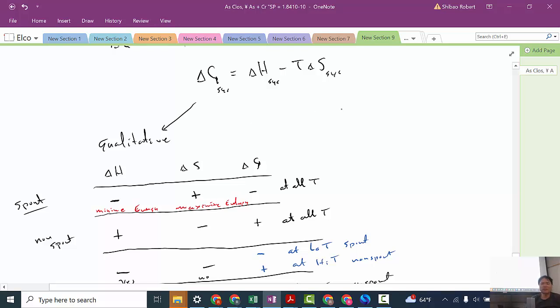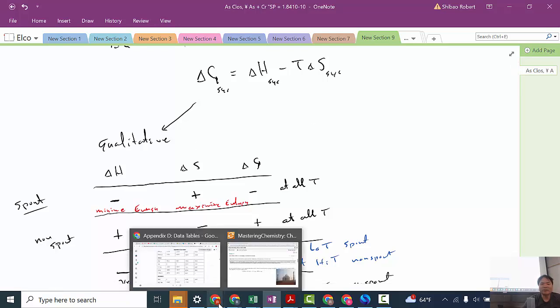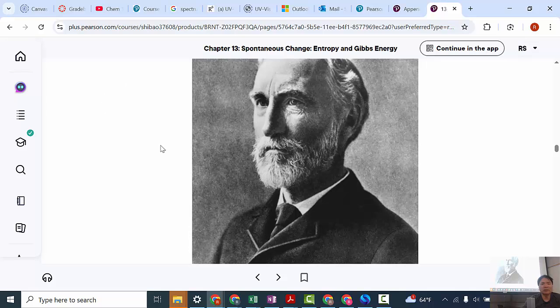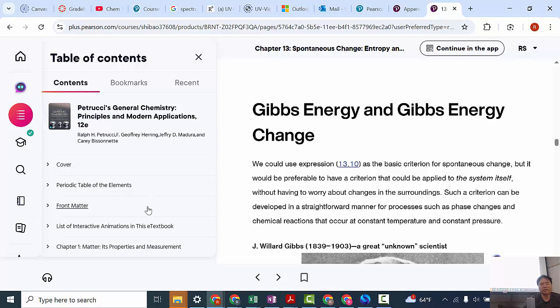For some of the reactions we can just look: is it exothermic? Is it endothermic? Is the entropy going up? Is the entropy going down? Some reactions are pretty easy to determine, in terms of energy and entropy going up or down.